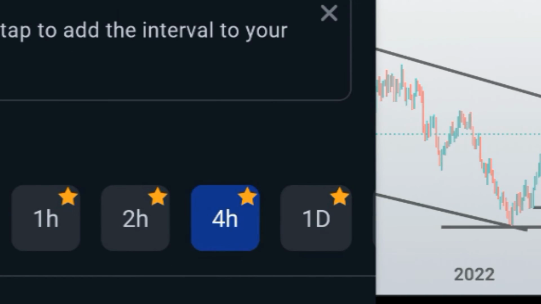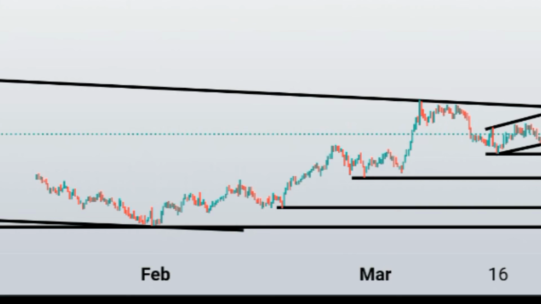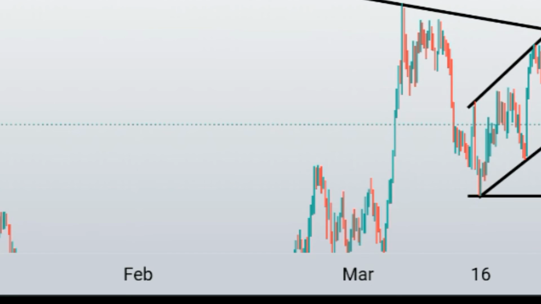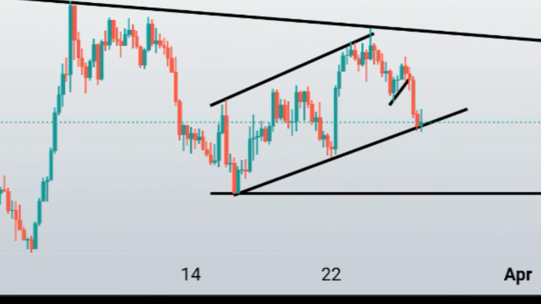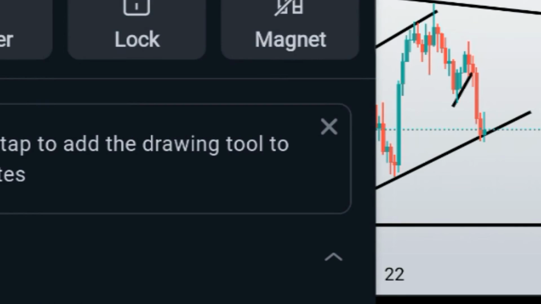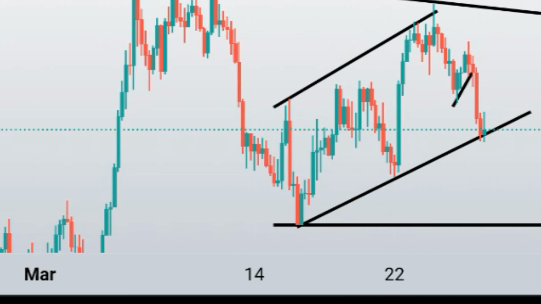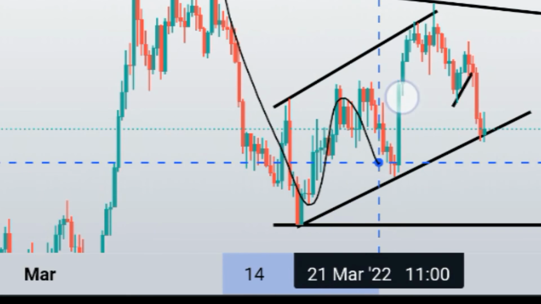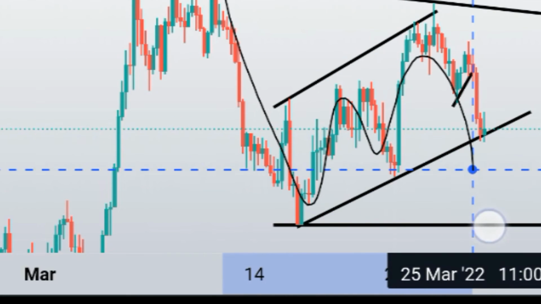So let's go down to the 4-hour time frame. After coming down to the 4-hour time frame, I can see that on my resistance, we have a type of a double top. You understand, guys? Not only a double top, but we have a continuation correction, right?